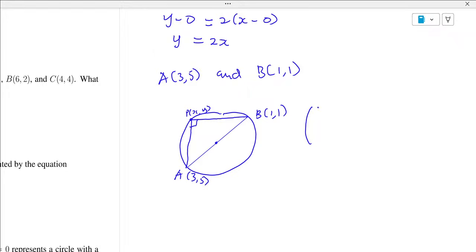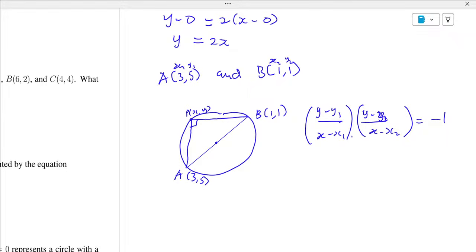So I can say that (y minus y1) all over (x minus x1) multiplying (y minus y2) all over (x minus x2) will give me -1 if they are perpendicular. So if this is my x1, y1, x2, y2, I'll just substitute it into this formula.